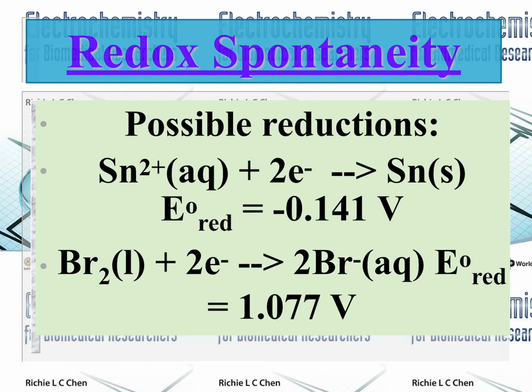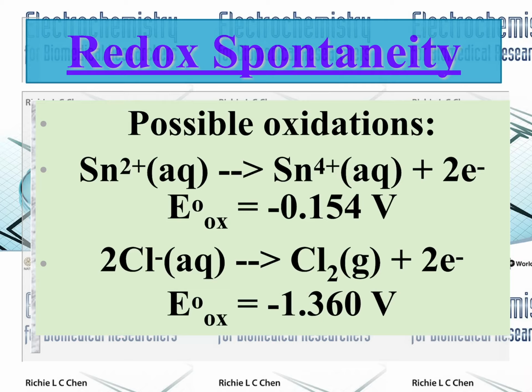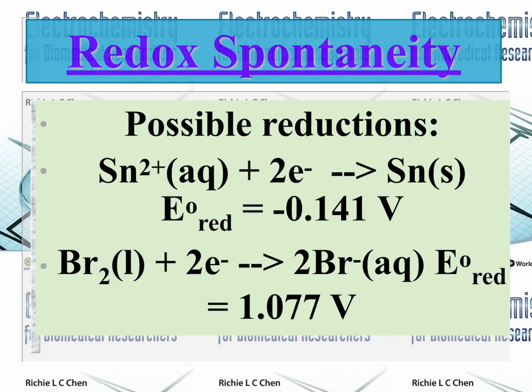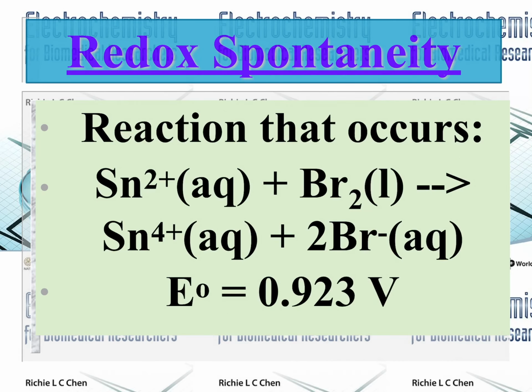However, there is an extremely strong driving force for bromine becoming bromide, and that's what pushes the reaction forward. So we're going to pick the bromine becoming bromide reduction, and the one with the least resistance is going to be tin 2+ becoming tin 4+. And when we put that together, we get this reaction. And again, slightly different voltage because slightly different reduction potential chart.